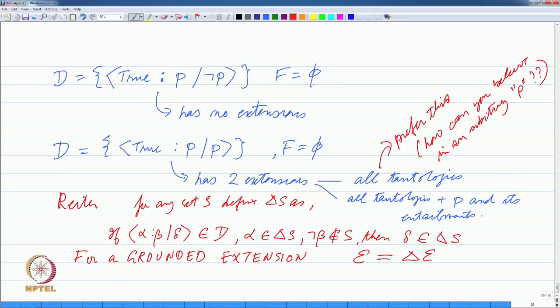So, essentially it is a restricted version of the original extension. It allows only certain sets of facts which were not negated in the original extension to be added essentially.